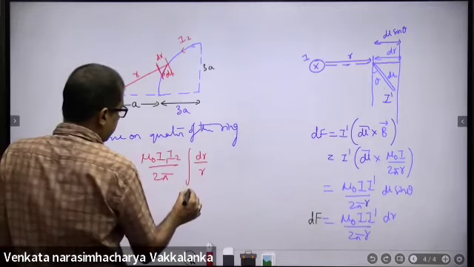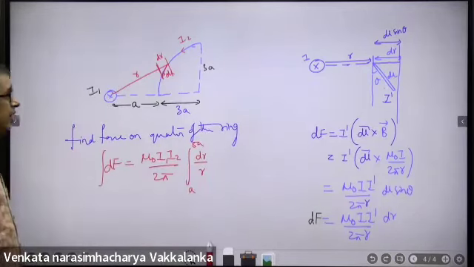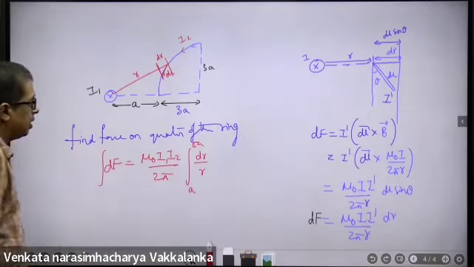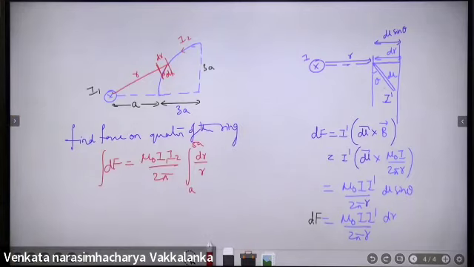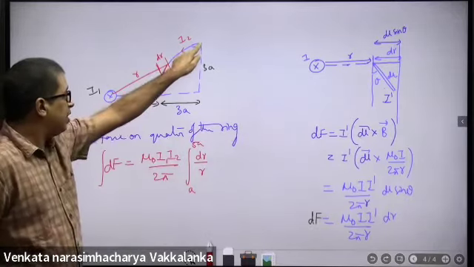See if you can make a guess that the limits will be from a to 5a. Yes, sir. Why? So the horizontal distance is a first, and then finally it is the tangential one, the hypotenuse. It's from here till there.